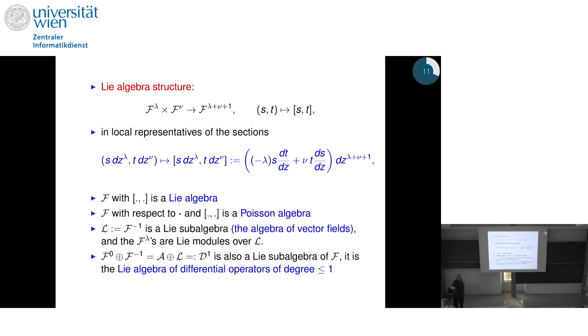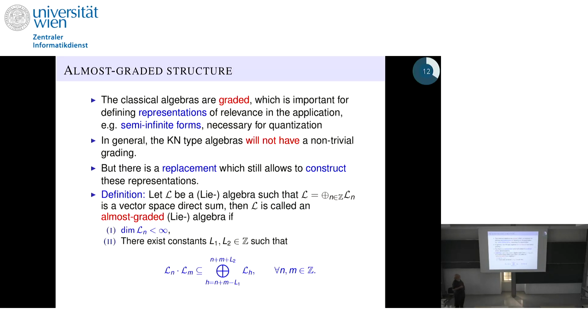Okay, good. That is now the algebra. But now I have to talk a little bit about the almost graded structure. The classical algebras are graded. As I said in the introduction, this grading is important for defining representations of relevance in the applications, like semi-infinite forms, which are necessary for second quantization and such kinds of things.